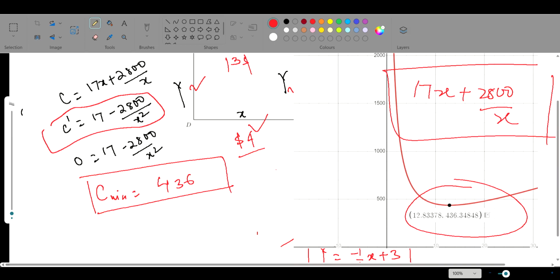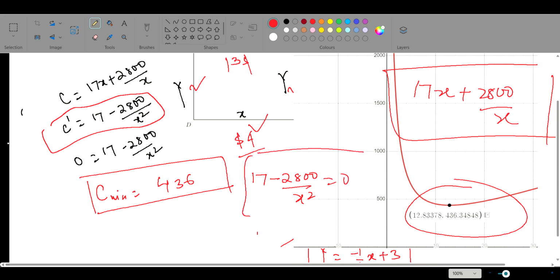I don't know why you didn't get the value for x here, which is 17 minus 2800 upon x square equal to 0. You should use the n solver here. It says no solution found. Okay, no, it says 5.48. There must be another value. That is wrong.